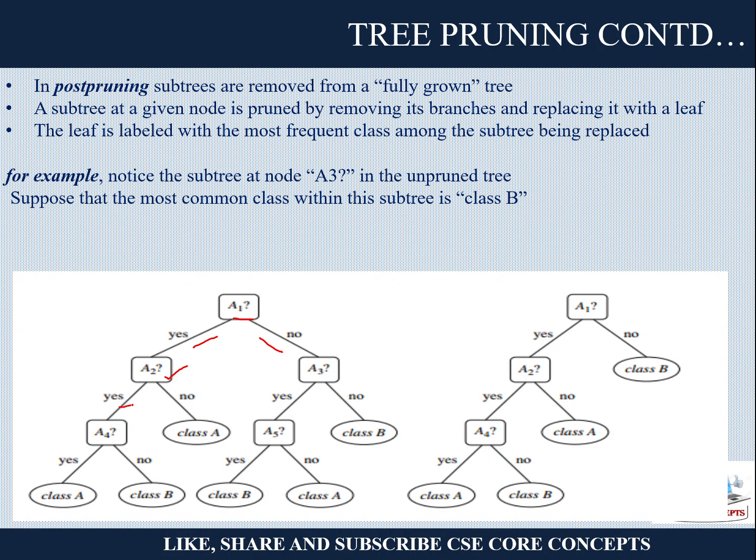Then you again have two splits, yes and no. If it is yes, then again you have a split on A4. Then based on yes and no, you have class A and class B. Now from A2, if it was a no, there is class A. Again you go to the right-hand side of the tree. From A3 you have two splits, A5, which is again divided into B and A, and here it is B.